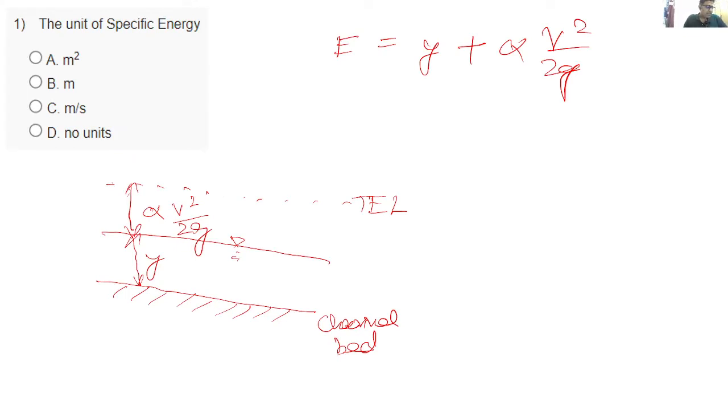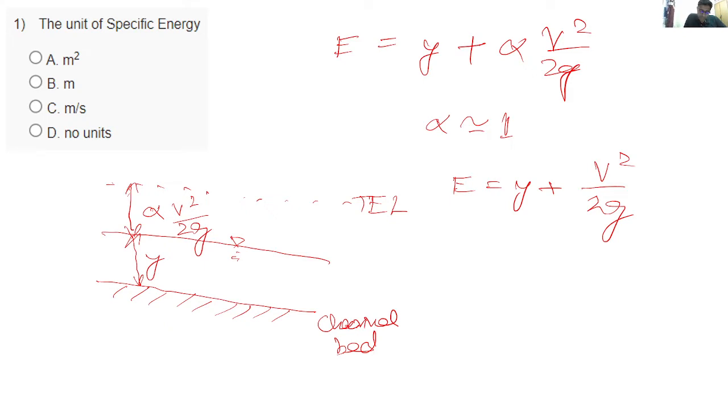Now alpha is nothing but the kinetic energy correction factor. We know that for river flow, or in general for open channel flow, mostly turbulent flows exist, and for turbulent flows, alpha tends to be nearly equal to 1. So we can straight away assume that E is equal to y plus v square by 2g for our analysis.